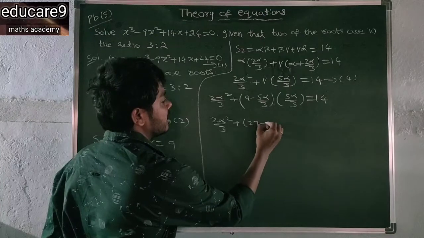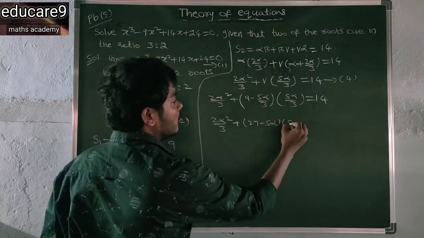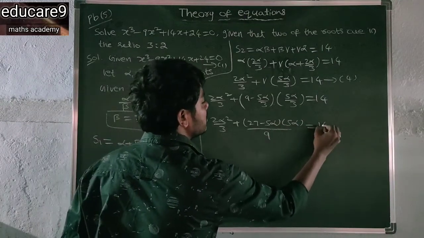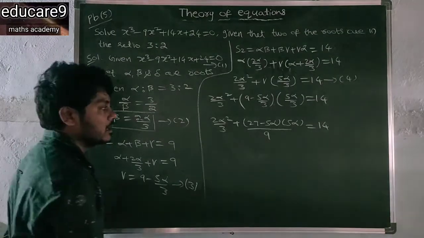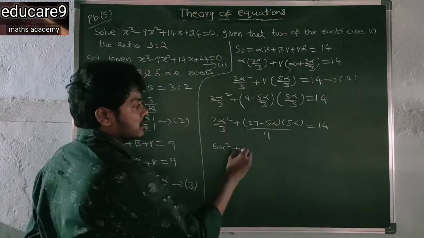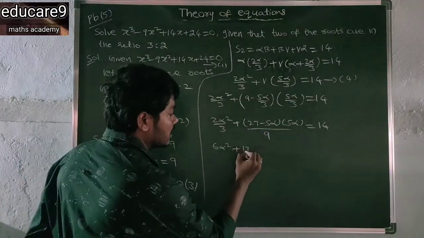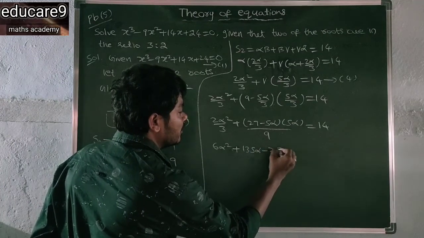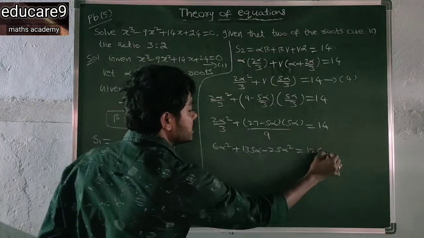So 27 minus 5 alpha into 5 alpha, so divide by 9 is equals to 14. Now LCM is what? 9. So 3 into 2, 6 alpha square plus 5 alpha into 27, 135 alpha minus 25 alpha square, 14 into 9, 126.